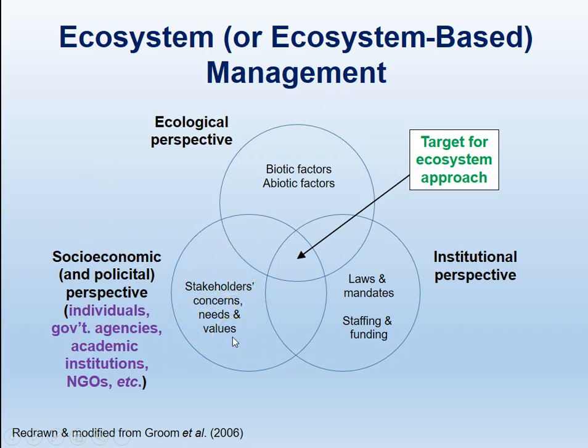So the people that live there, that own land, that are coming into contact with those species that you're seeing in your ecosystem. You can do a great job with the ecosystem, but if you don't make the people happy, it won't go well. And then you have to make sure you follow the different laws and find funding from your government, the institutional perspective.